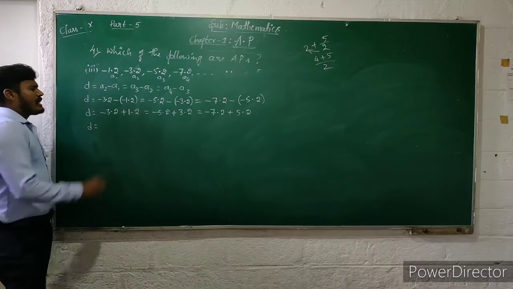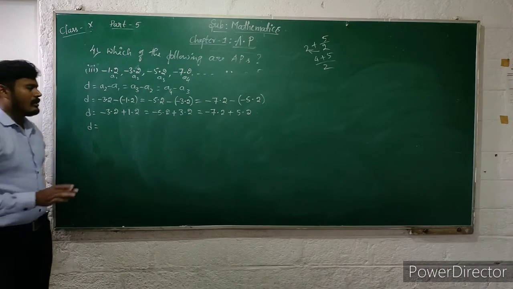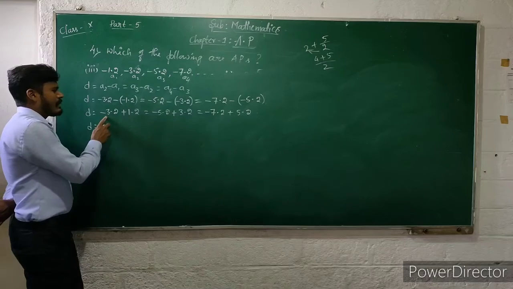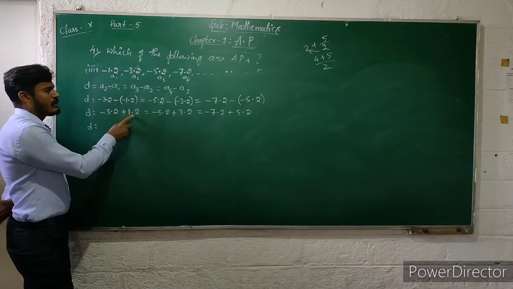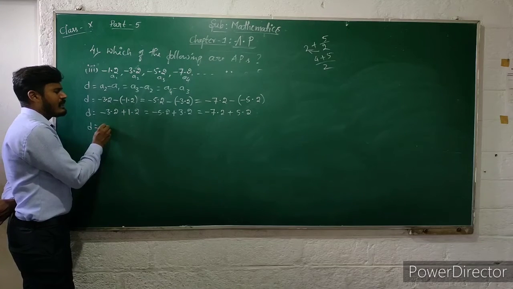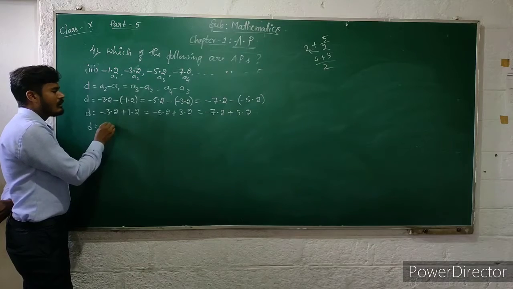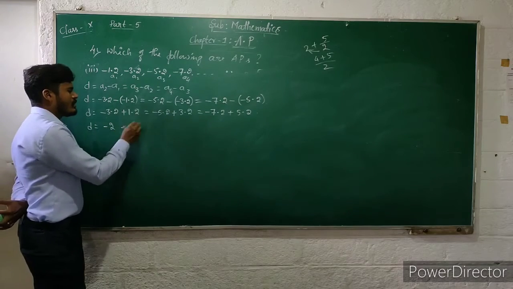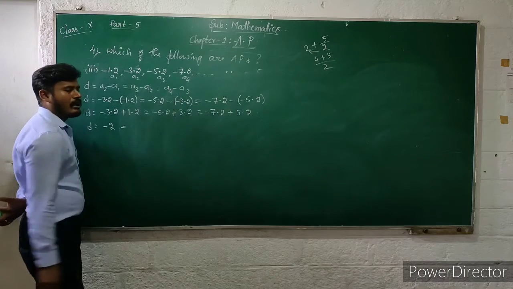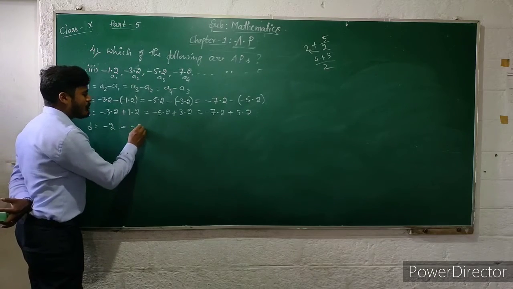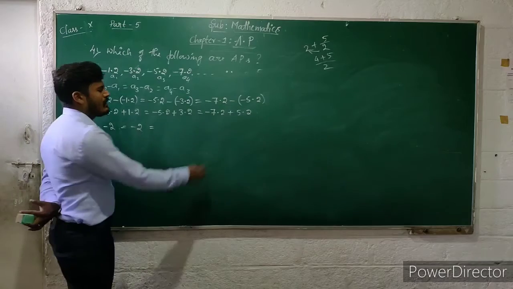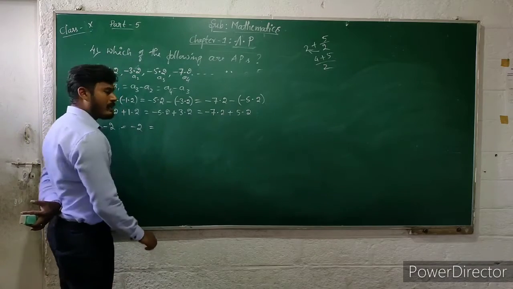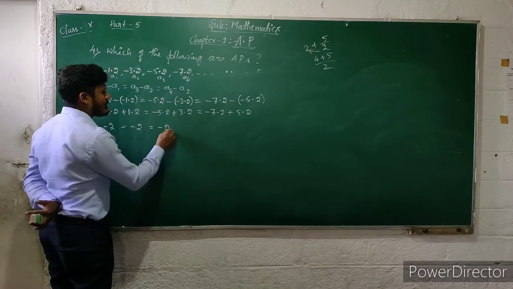We know the subtraction and addition of any decimal numbers. Minus 3.2 plus 1.2 is nothing but minus what? 2. Then minus 5.2 plus 3.2 is nothing but minus 2. Then minus 7.2 plus 5.2 is nothing but minus 2.